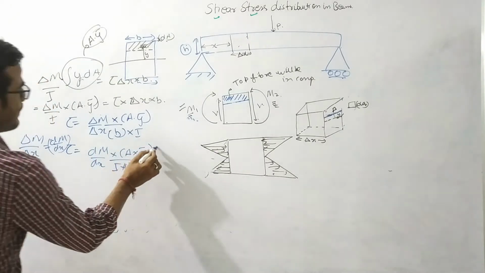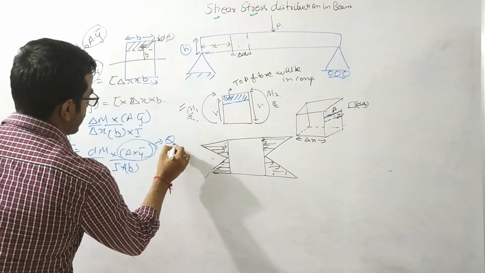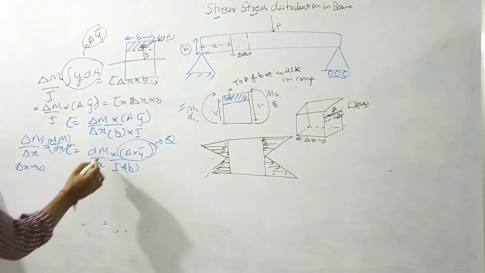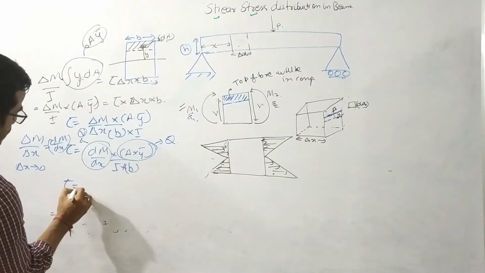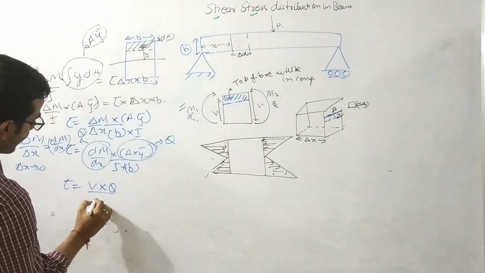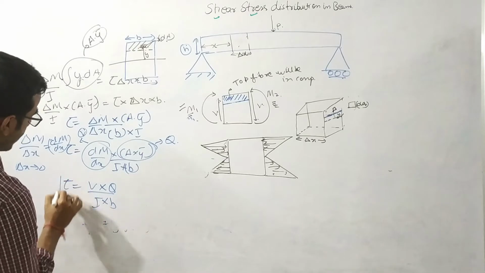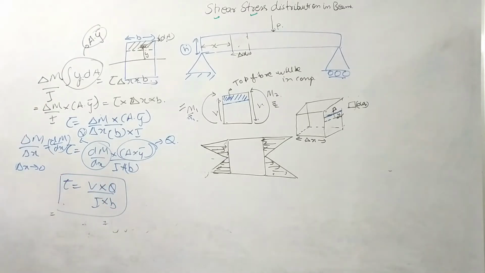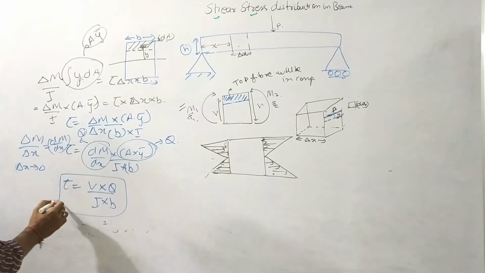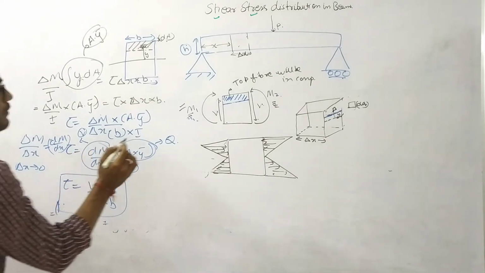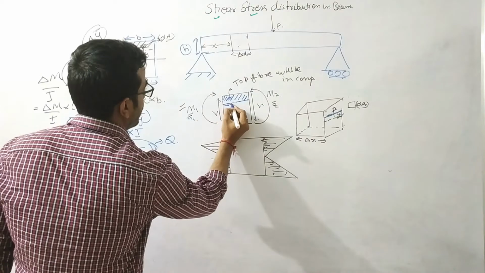A y bar I can replace with capital Q, and dM by dx I can replace with the shear force. So tau equals V into Q over I b. This is the horizontal stress which we have calculated, which is applied at this point.